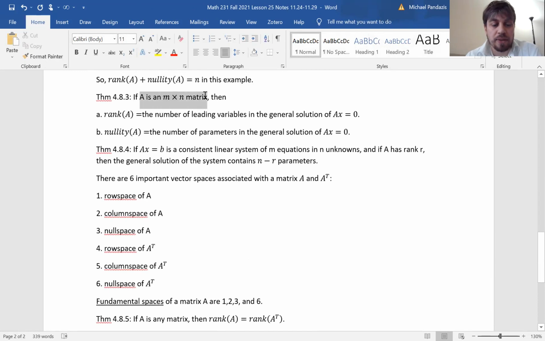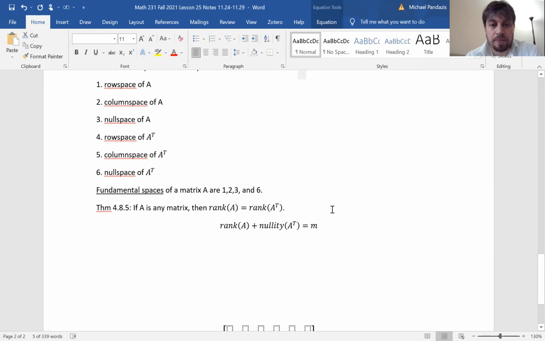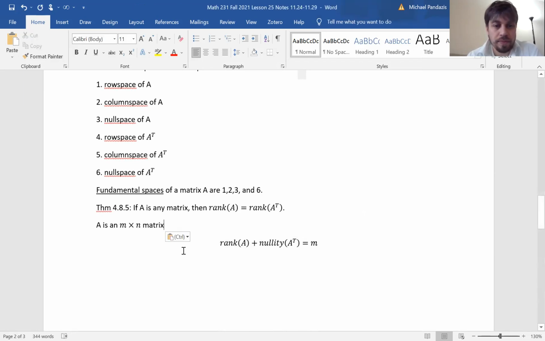Okay, so M is the number of rows of A. So rank of A plus nullity of A transpose is equal to M.